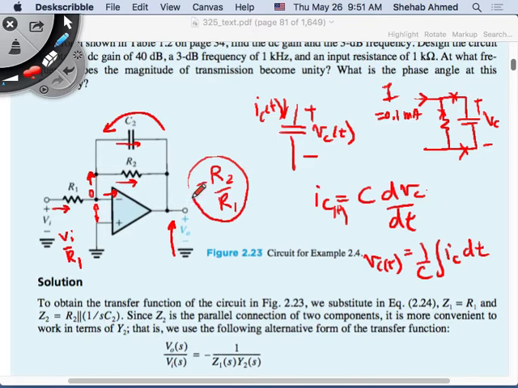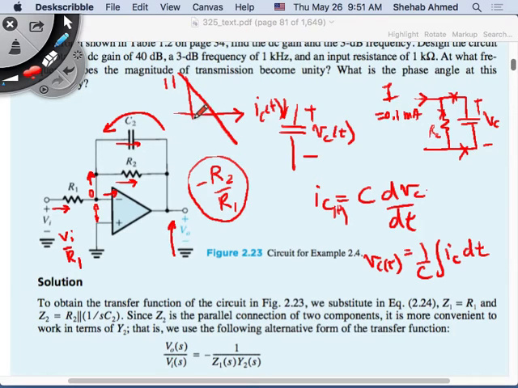If I keep R2 in there, how about if I make R2 infinite, and I keep a DC input? The gain is infinite for DC inputs, right? So if I draw my magnitude versus frequency, I get something like this.